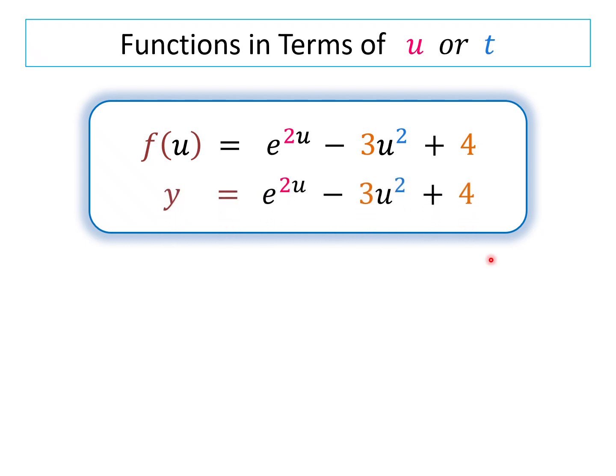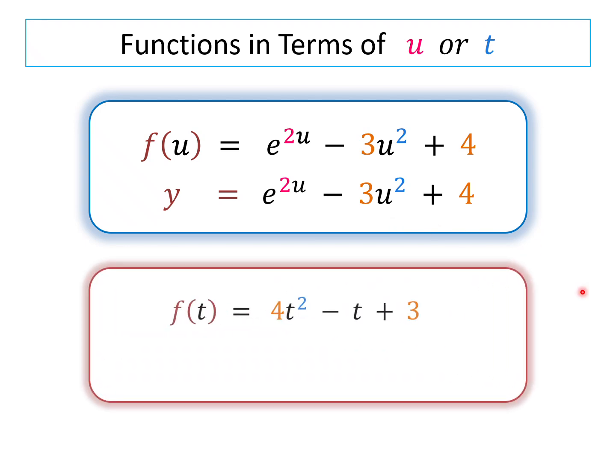Or further simplifying it, we can write y equal to this whole expression. But we have to be sure. From here we cannot make out whether the expression on the right hand side is in terms of u or not. So it should be clear from the context only.